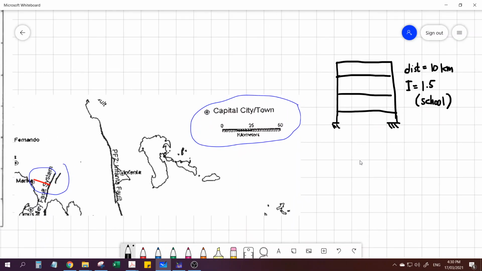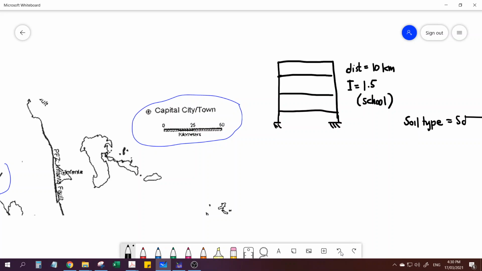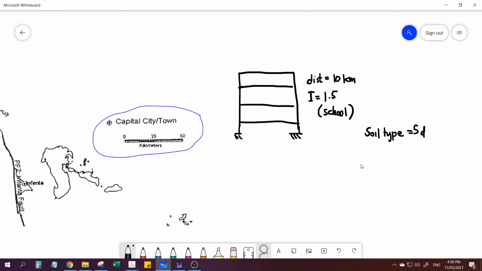Then soil type, let's assume it's SD. Soil type SD.